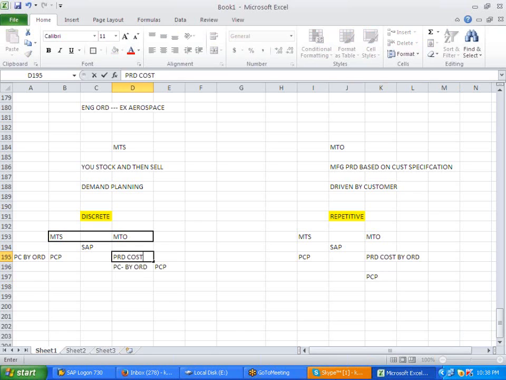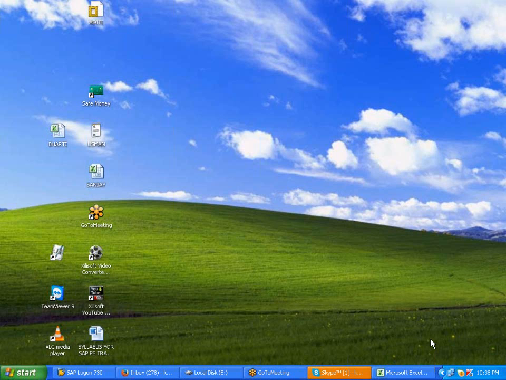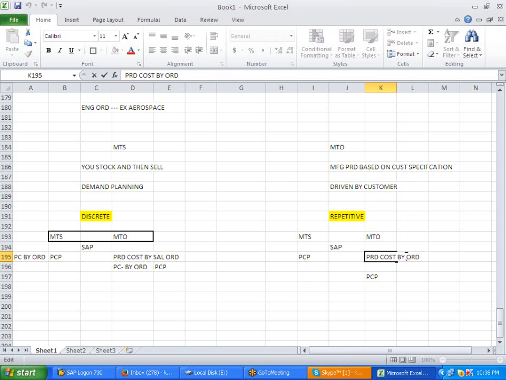Okay. Product cost by sales order. You have a product cost by sales order, right? The MTO scenario is nothing but product cost by sales order. That's what we said, right?